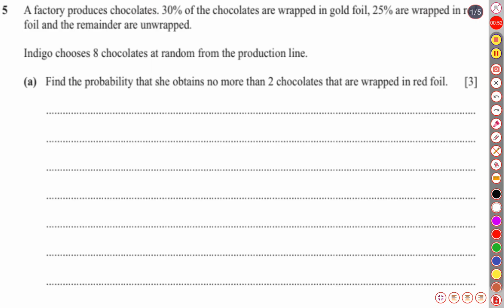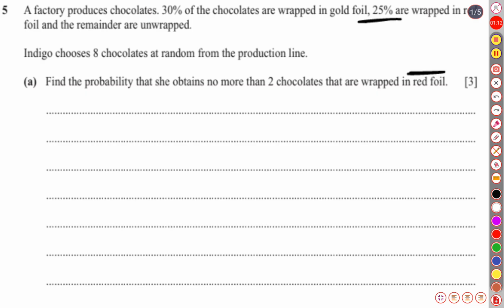Well, so the question is all about red foil. Look at this red foil. The probability of a chocolate being wrapped in red foil is 25%, so 0.25.